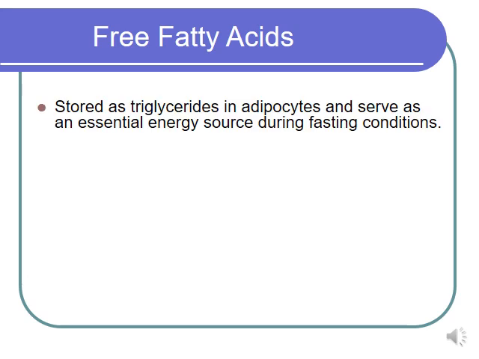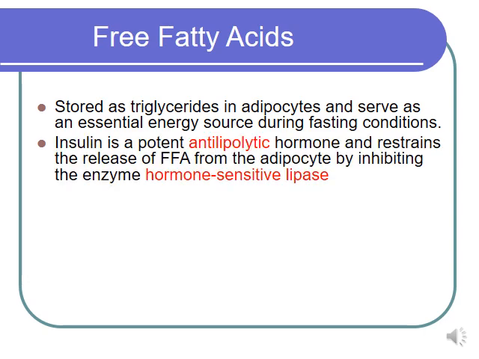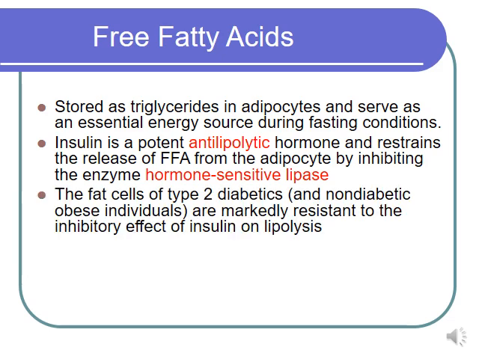They are stored as triglycerides in adipocytes and serve as an essential energy source during fasting conditions. Insulin is a potent anti-lipolytic hormone and restrains the release of free fatty acids from the adipocyte by inhibiting the enzyme called hormone sensitive lipase. The fat cells of type 2 diabetes are markedly resistant to the inhibitory effect of insulin on lipolysis.